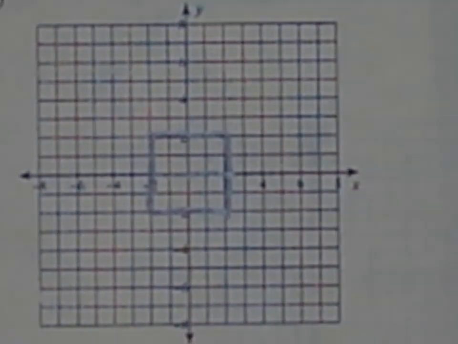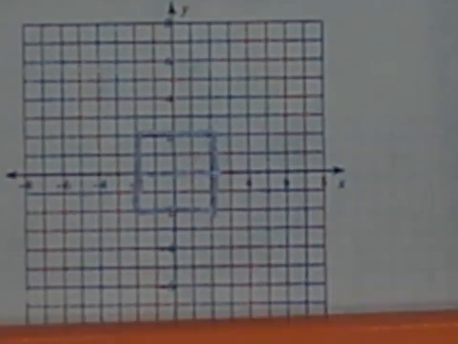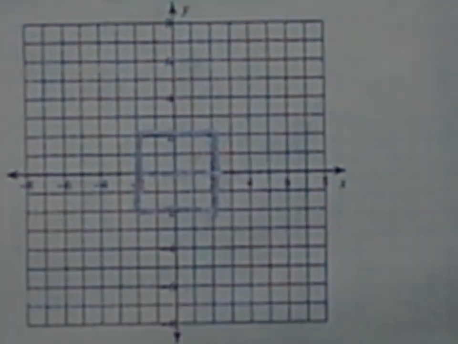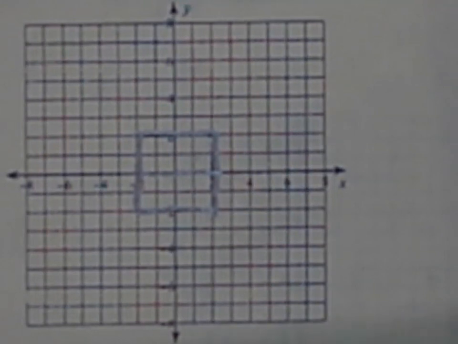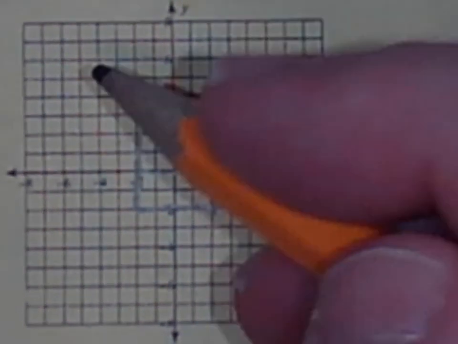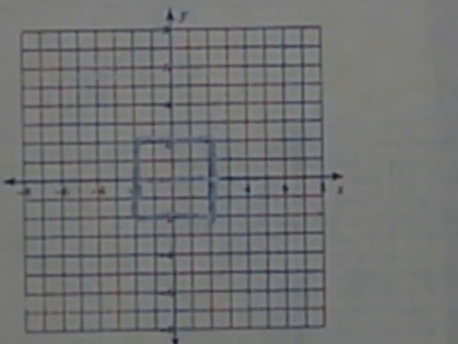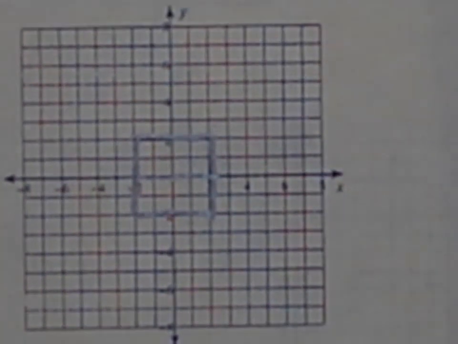That's halfway. So it would reflect right there onto itself. If I reflect this image over the x-axis, it would actually look the exact same. It would not change. I mean, if I labeled these points, they would flip sides, but the shape would still be on top of all the same points, okay?